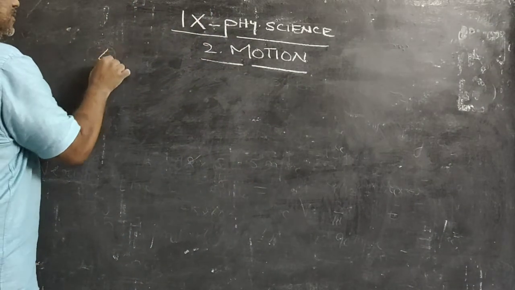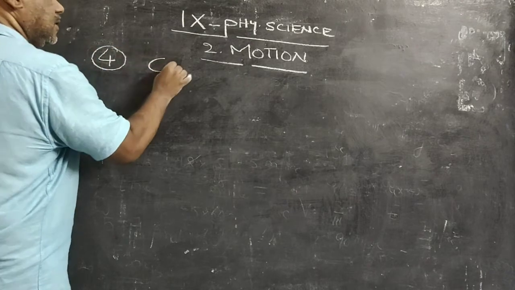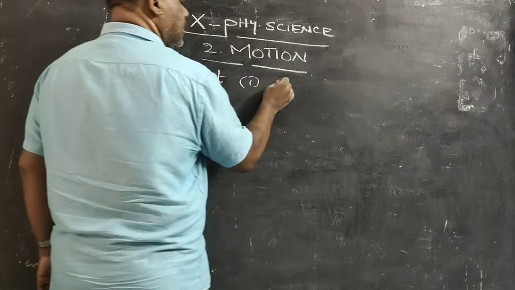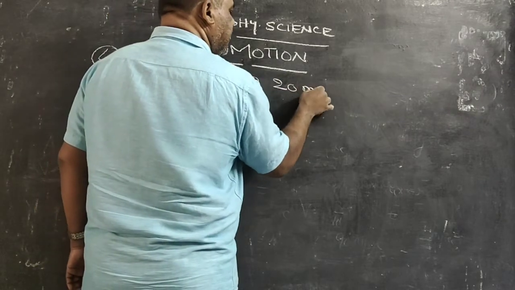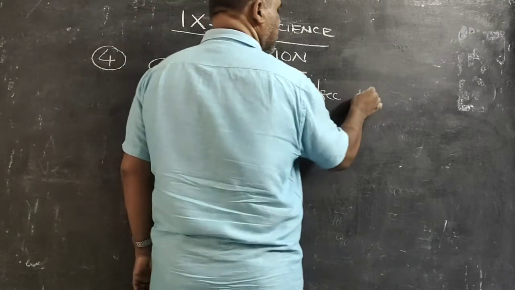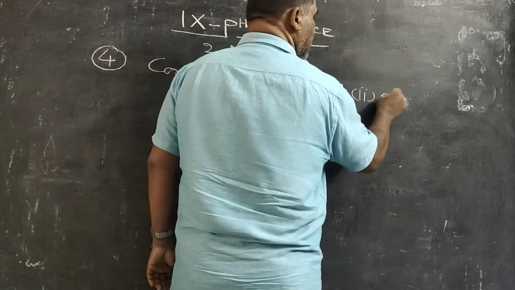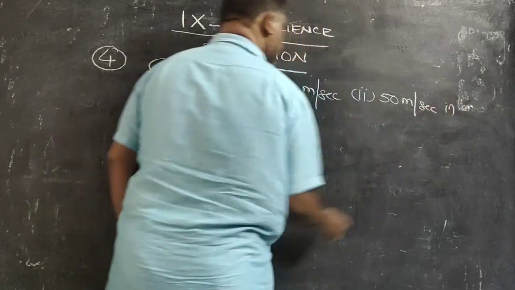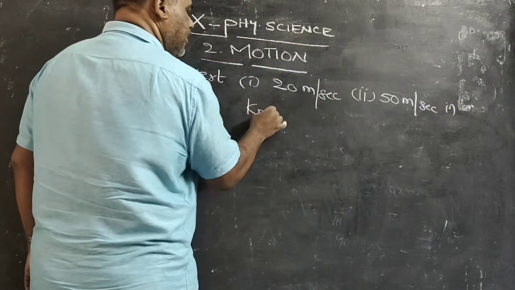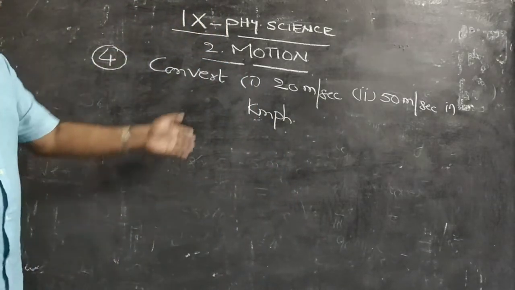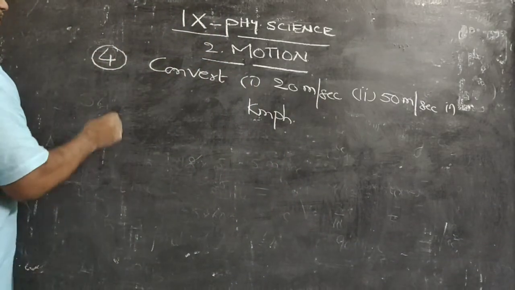Right, fourth one, convert 20 meters per second, 50 meters per second in kilometer per hour. Now we have to convert meter per second into kilometer per hour.